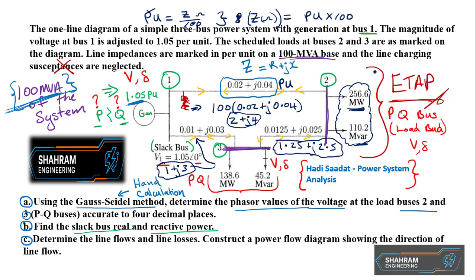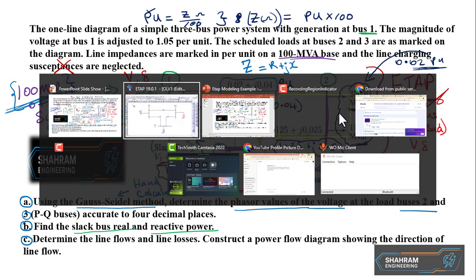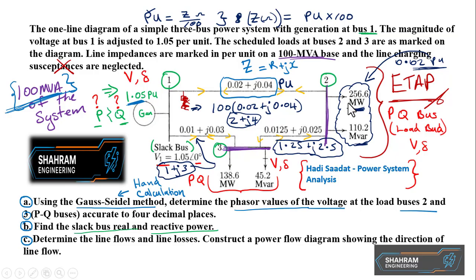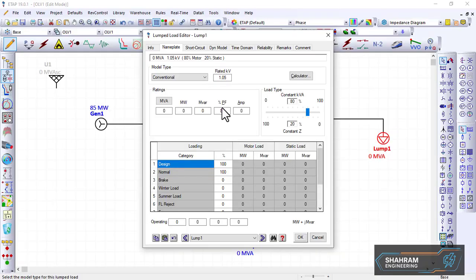If this was in PU, let's say an example, if this was 0.02 PU, or it stated PU instead of real values, then we would need to convert back to the real values and so on. So in this case it's already in real values, so we just plug in straightforward. So for P we have 256.6, so this is P, 256.6.